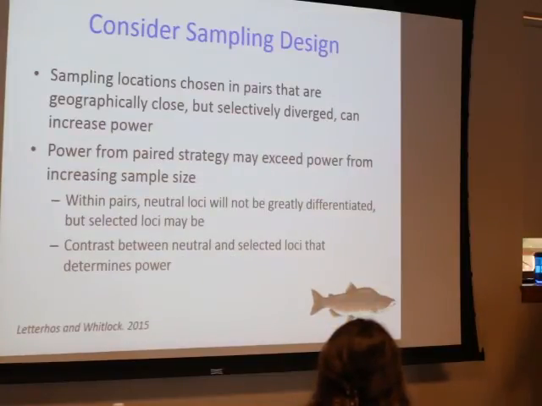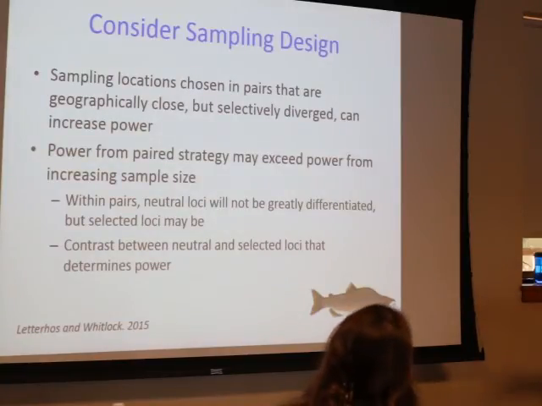And one other thing that I was able to glean from the 2015 paper: think about how, and for some of you it's maybe too late, others of you haven't designed your sample yet, think hard about sampling design, because sampling locations chosen in pairs that are geographically close but selectively diverged can increase power.